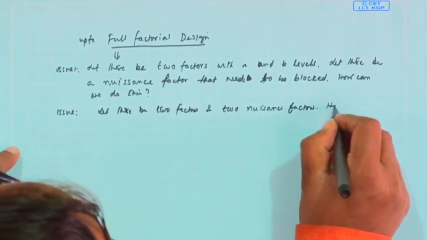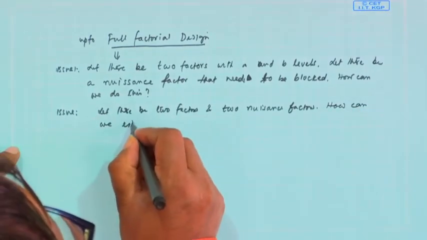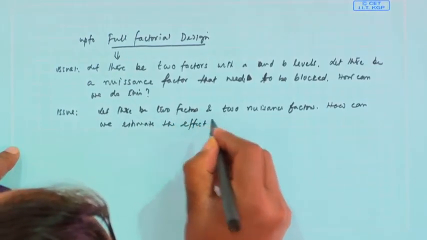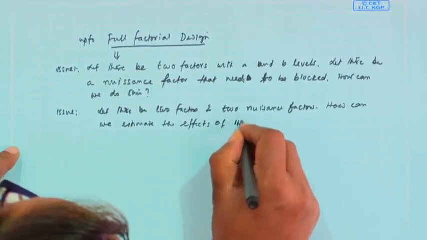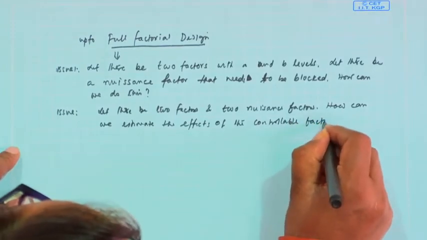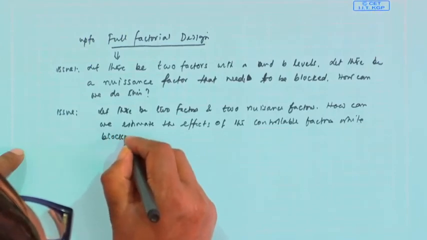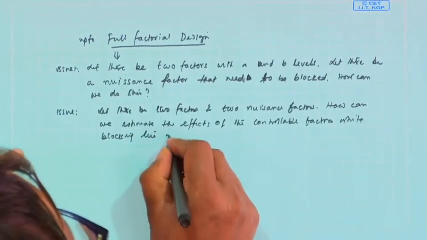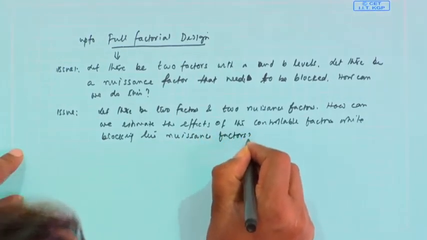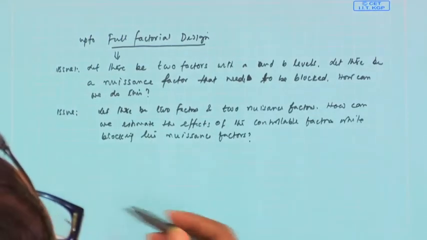How can we estimate the effect of the controllable factors while blocking the nuisance factors?